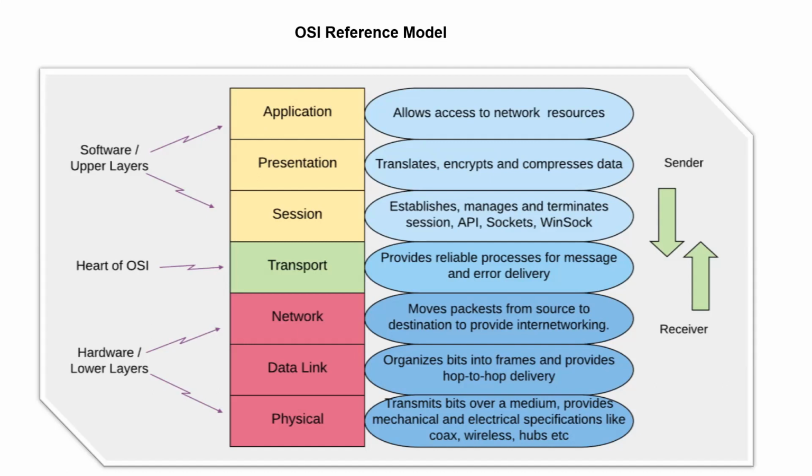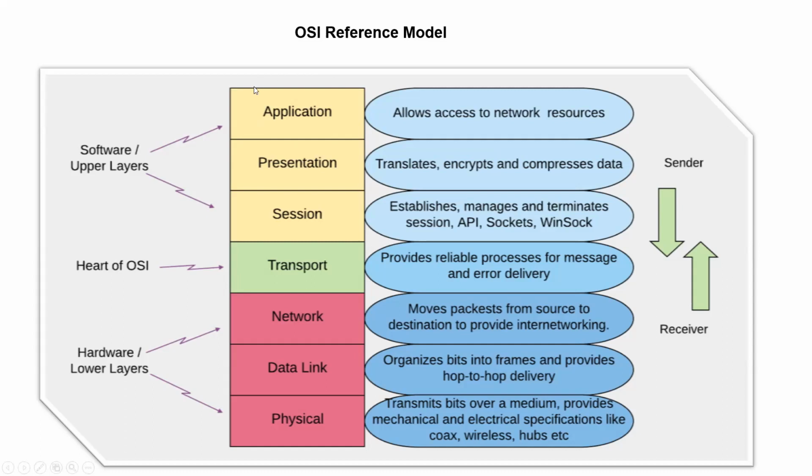The protocols used for the application layer are HTTP, which I think you all know, FTP, Telnet, then the DNS protocol. These are example protocols used for the application layer.